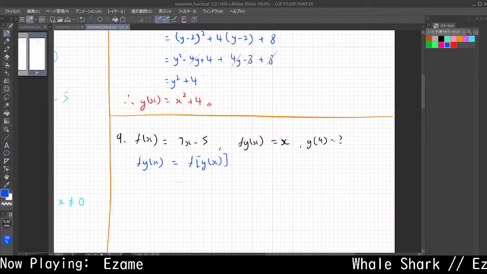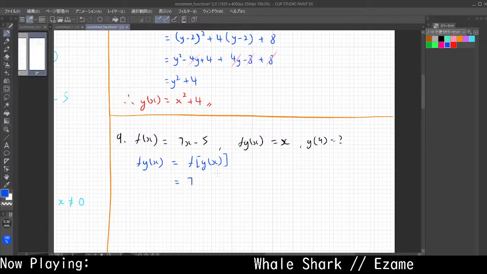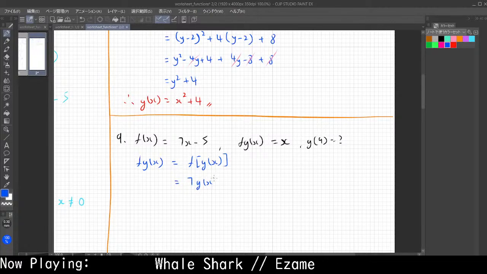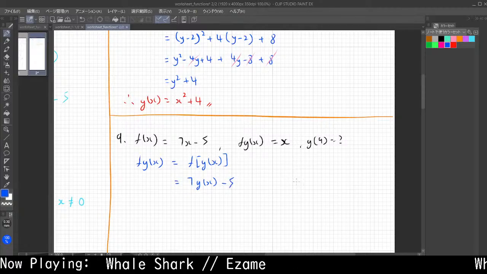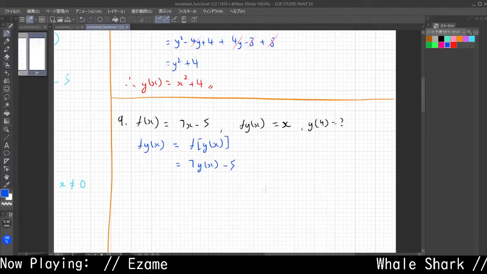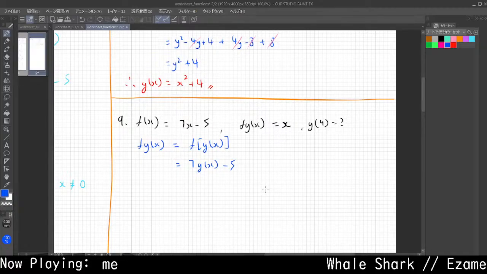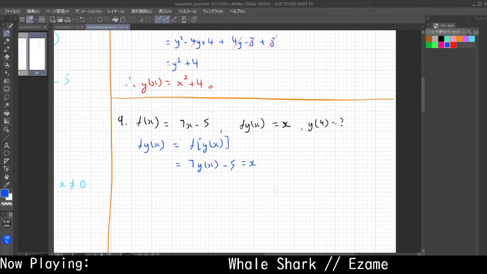You treat g as your object, replace your x in your f(x). So instead of 7x minus 5, I get 7g(x) minus 5. I replace my x with g(x). According to the question, f(g(x)) is also equal to x. Therefore, this is very simple, just rearrange terms.